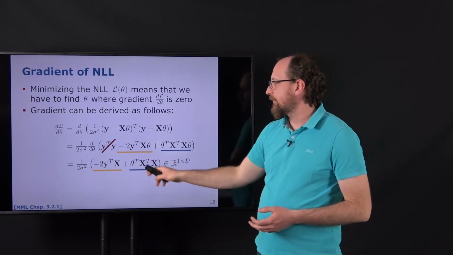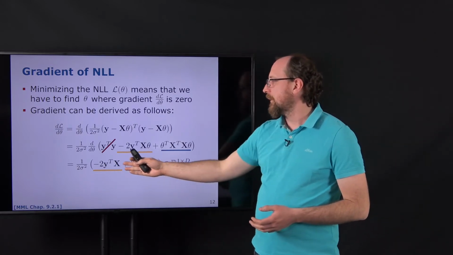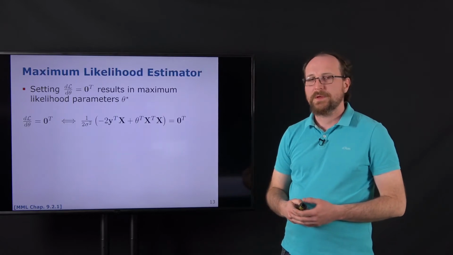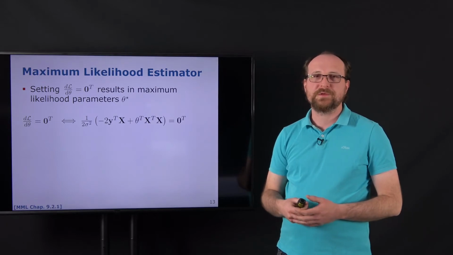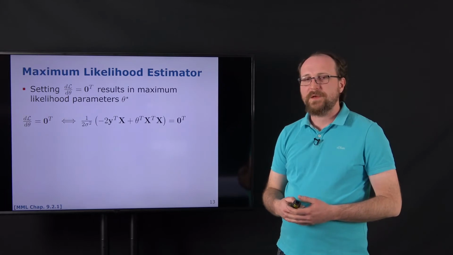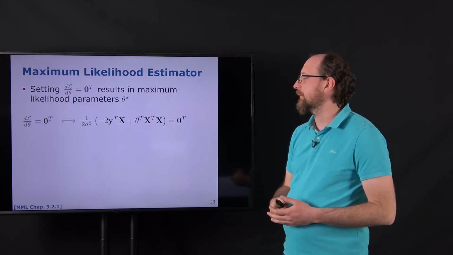So we are just left with these terms here, and the whole product then gives in the end a row vector. And then, as I said, to find the minimum, we are essentially setting the gradient to 0, and with this we get the optimal point that we want to have in the end.